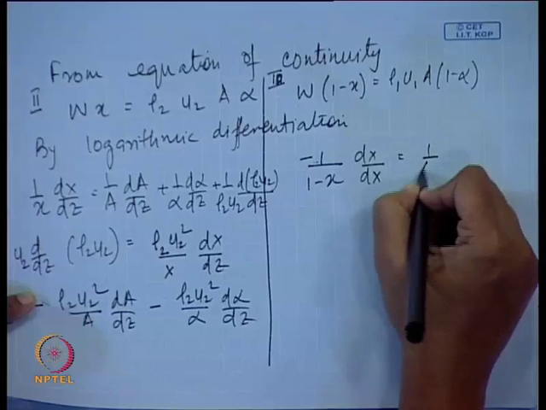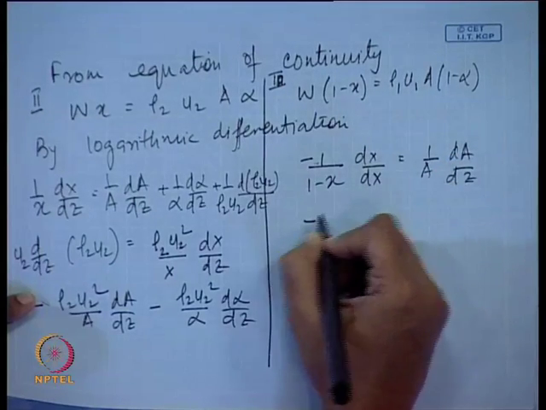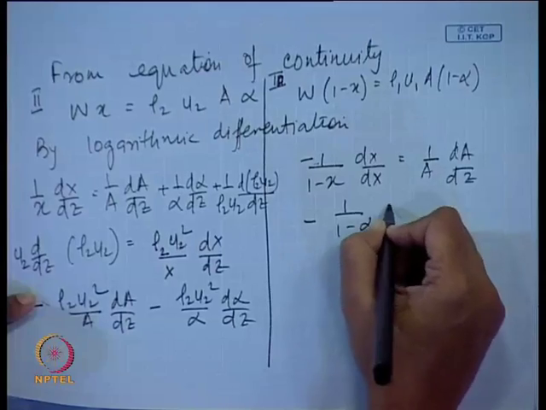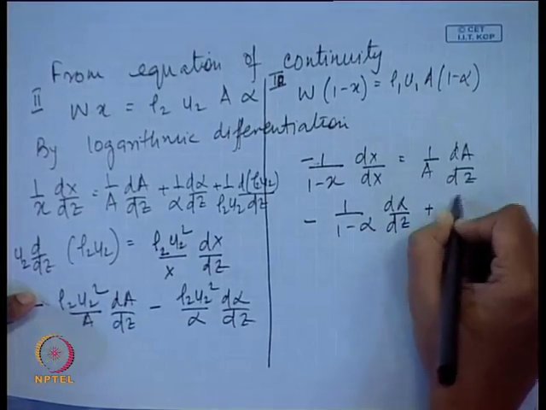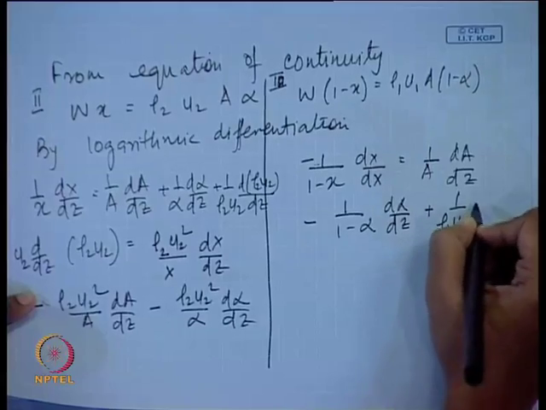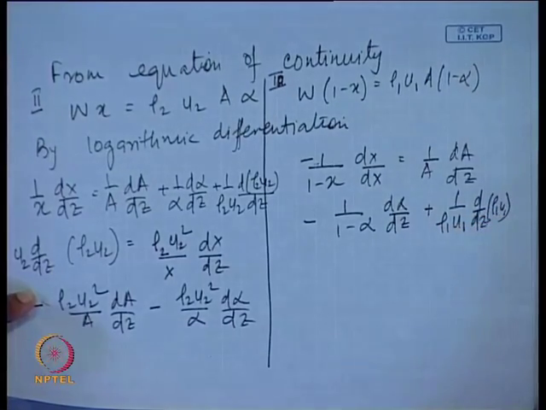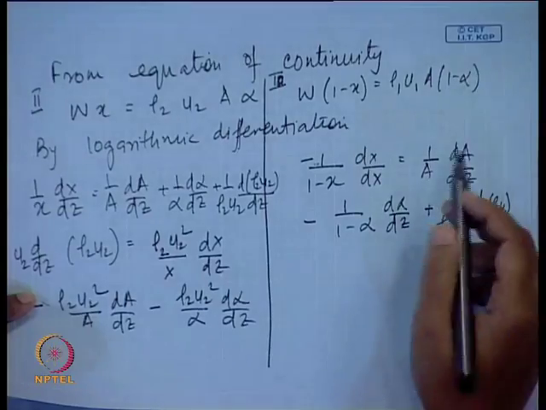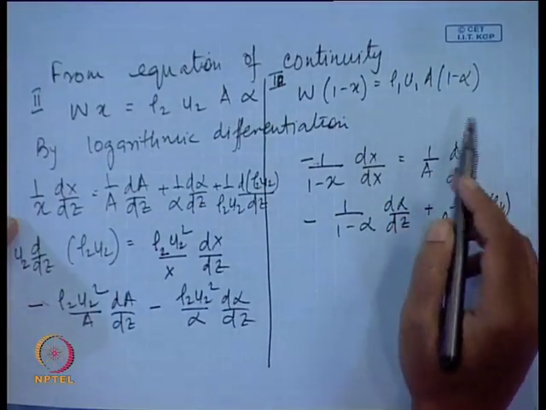This will be 1 by A dA dz, again minus 1 by 1 minus alpha d alpha dz, if you remember, again plus 1 by rho 1 u1 d dz of rho 1 u1. Remember these things? Just instead of this equation of continuity, I am taking this particular equation of continuity.